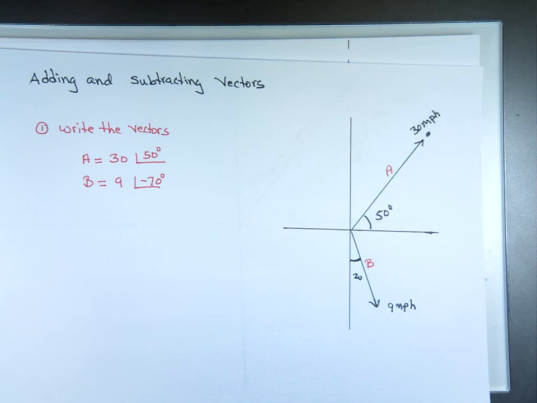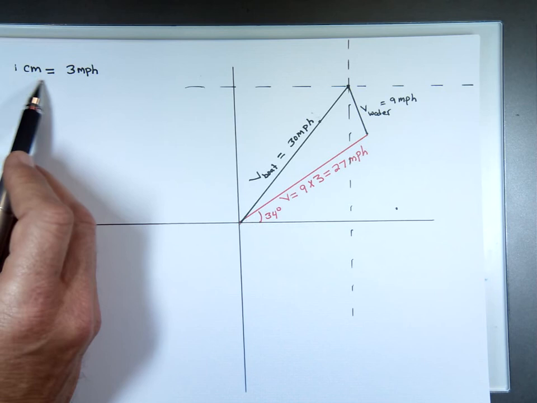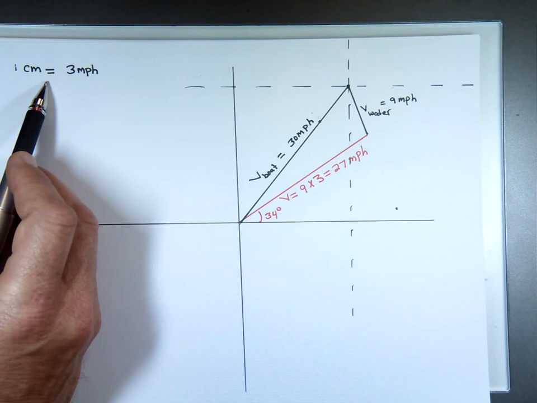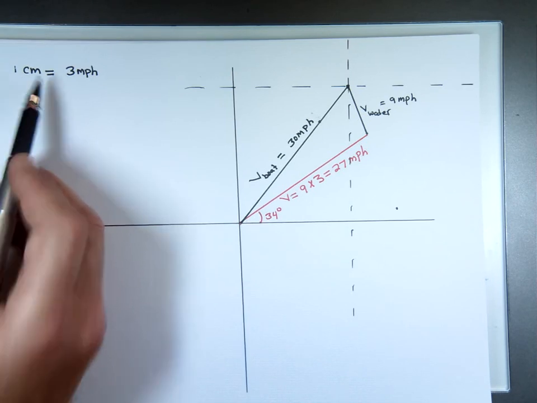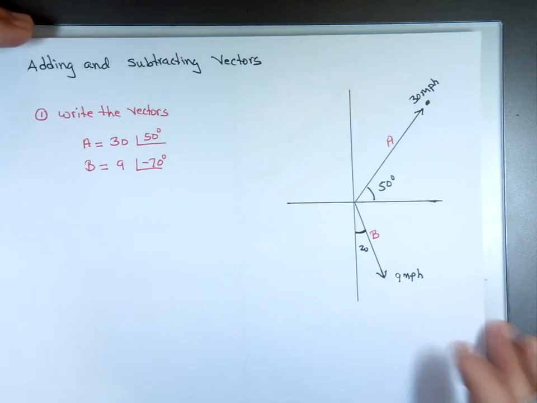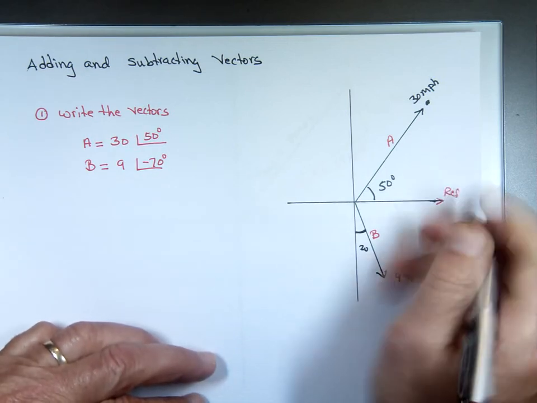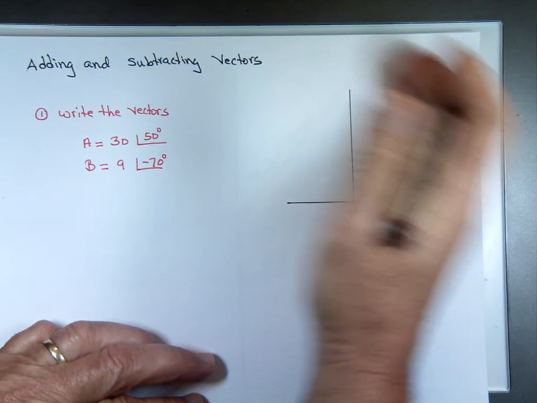For the equation that you wrote, where you did vector equals 9 times 3, is that because of the scaling? Scale, correct. If every centimeter is 6 miles per hour, it'd be 9 times 6. Whatever your scale is. So that's how you write the vectors. You always want to use this as your reference. If you're below this line, that's a negative. If you're above that, that's positive.